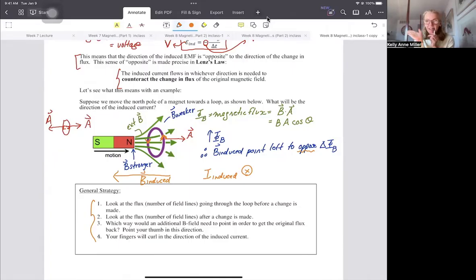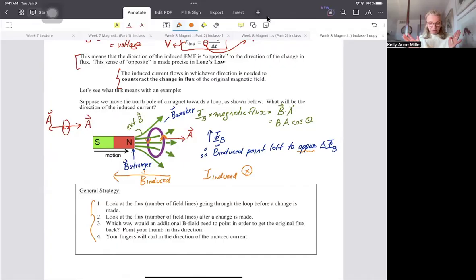By setting your area vector in the same direction as the external B field, you're automatically making the flux positive. And I personally think it's much easier to think of a positive number as getting bigger or smaller than a negative flux getting bigger, which just confuses me. So that's why I always set up my area vector in the same direction as the external B field.